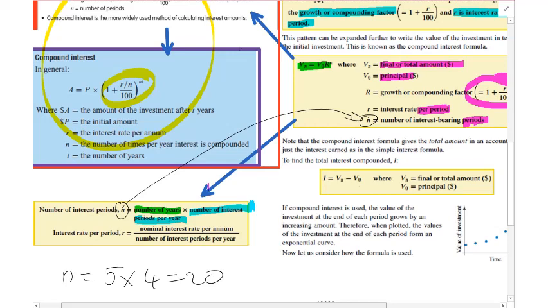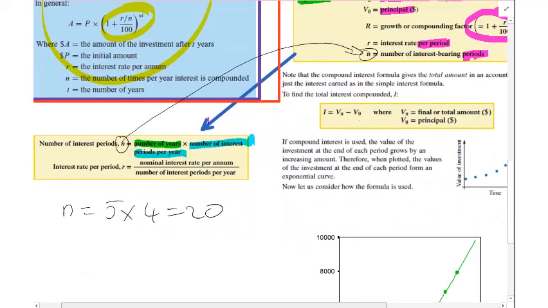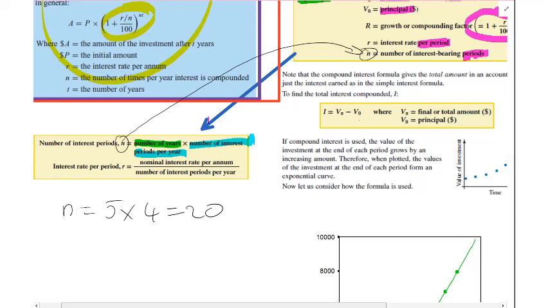In addition to that, there's the interest rate per period, and this is r. I'm going to use a different color. That r is what goes here. And what I say here is the nominal interest rate per annum. So I might say an interest rate of 10%, which means I go 10.